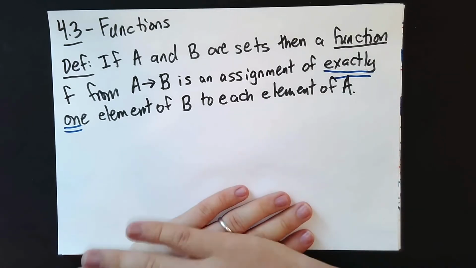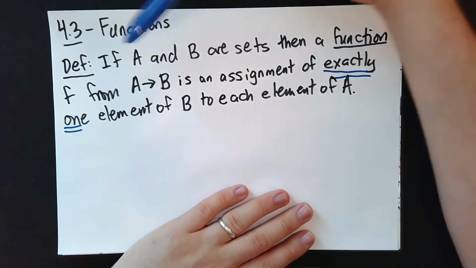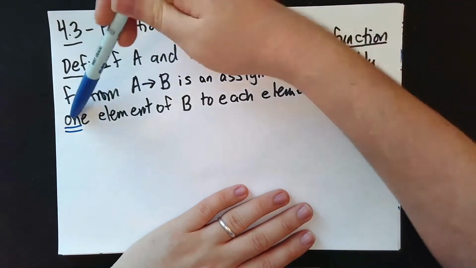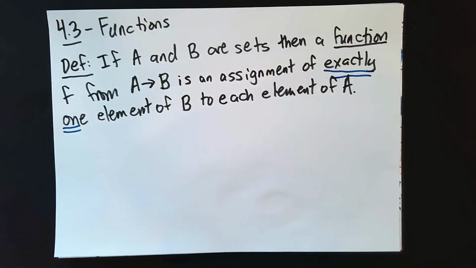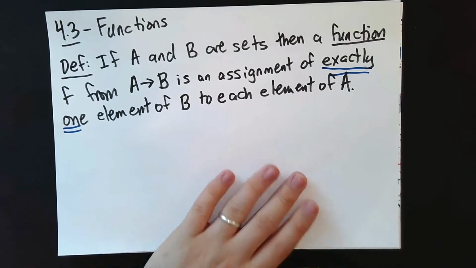We're not going to allow that here. A function must be defined at every point in the input set. That is what this exactly one element is doing. If that doesn't yet make sense, don't worry, I'll do lots of examples of how this differs from the calculus definition and show you all of those things.